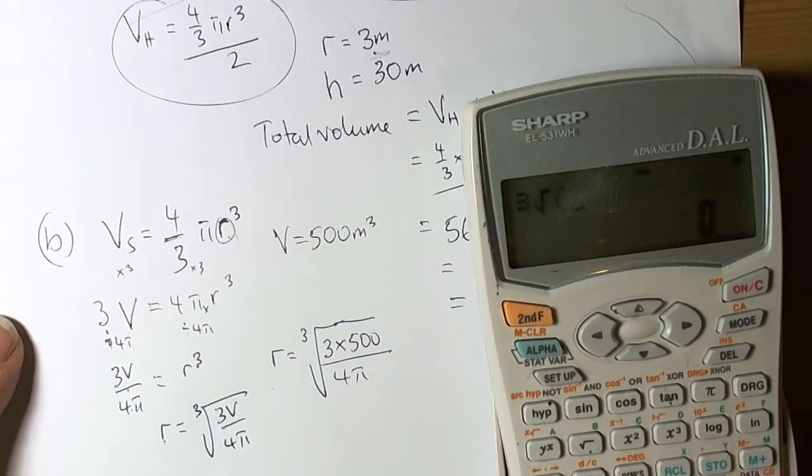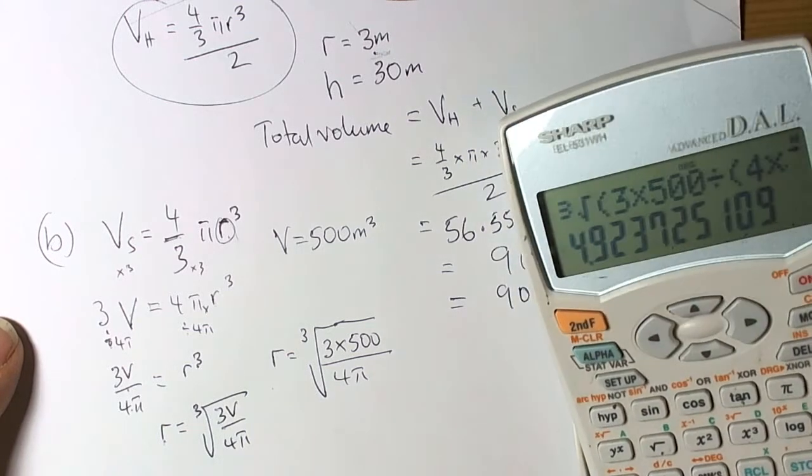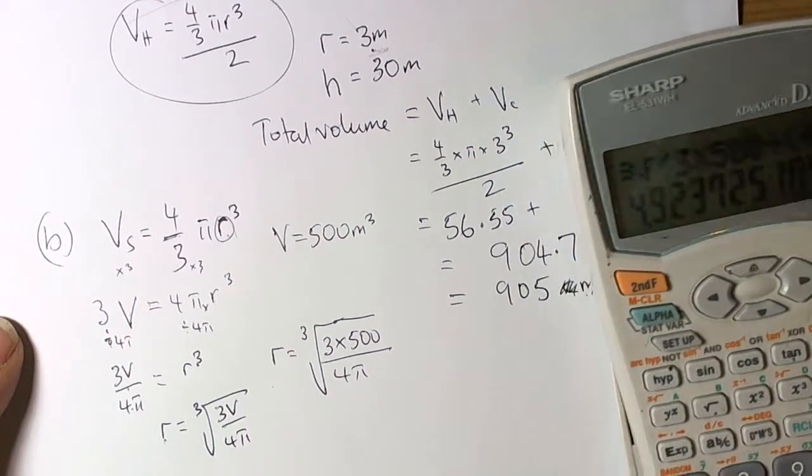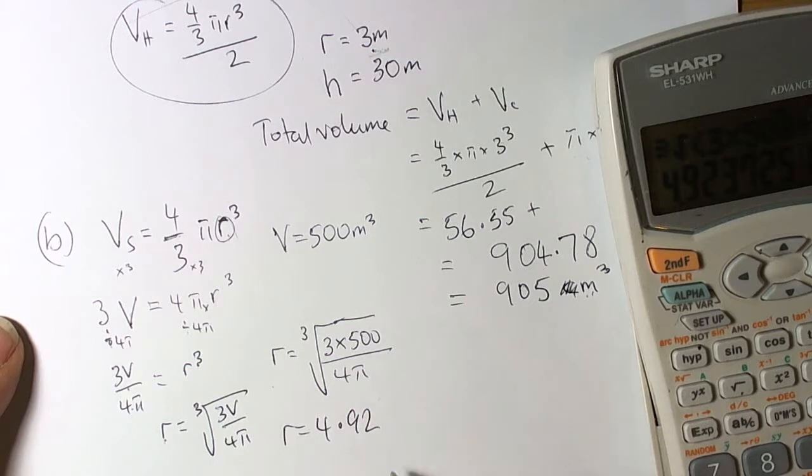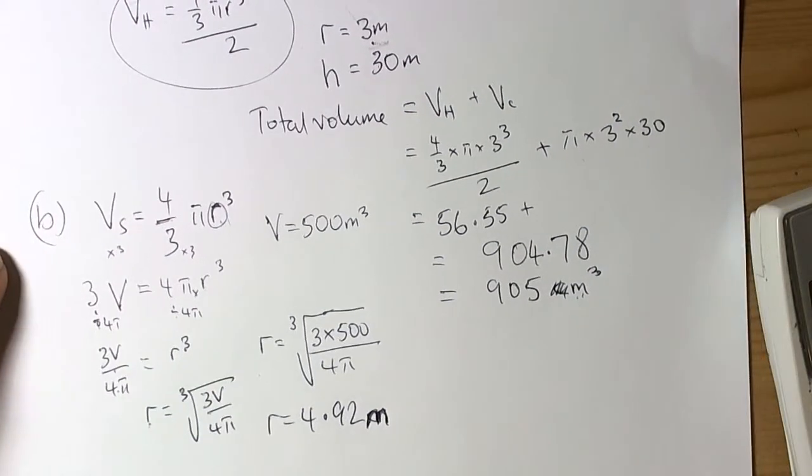BIDMAS, do brackets first. So 3 times 500 divided by, open another bracket because I want 4 times pi to happen, and that's the division bit, then close the bracket for the cube root, equals. So the answer is 4.92. So r equals 4.92 centimetres. No, it's metres because we're dealing with metres. So 4.92 metres. We think that's going to be the answer.